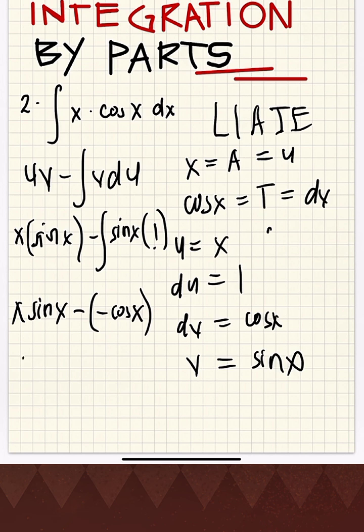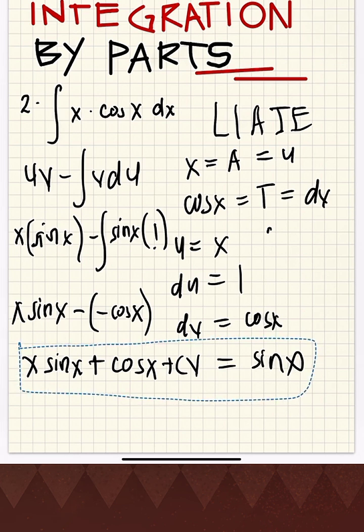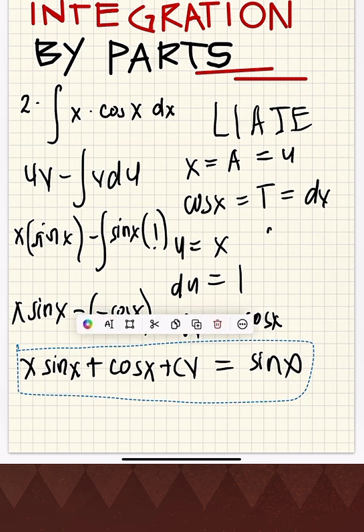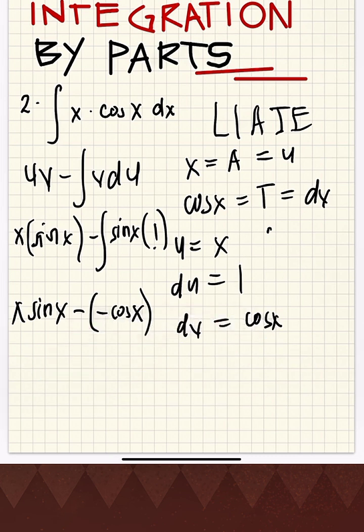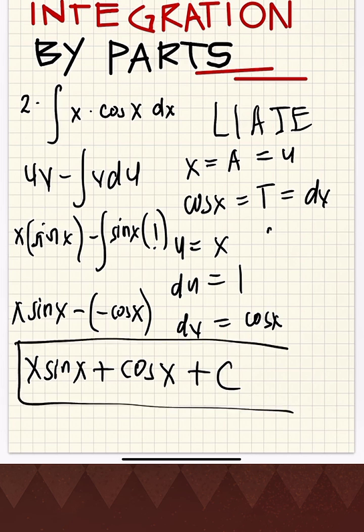So x sine x, negative times negative, positive, cos x plus c. So x sine x plus cos x plus c. So this is our final answer.